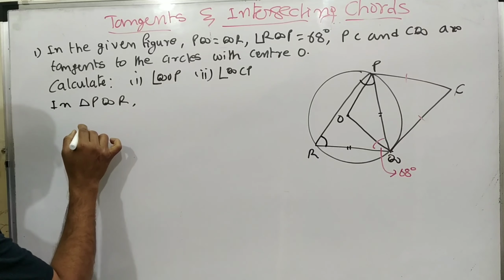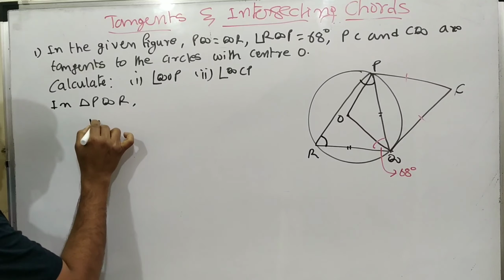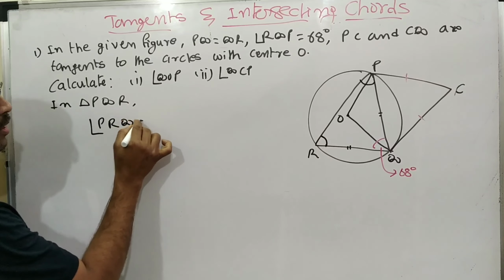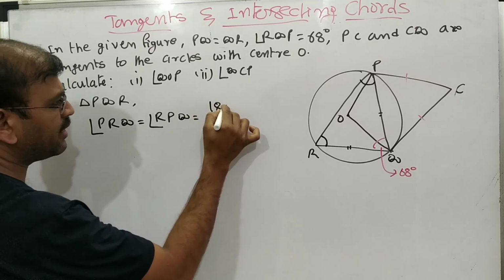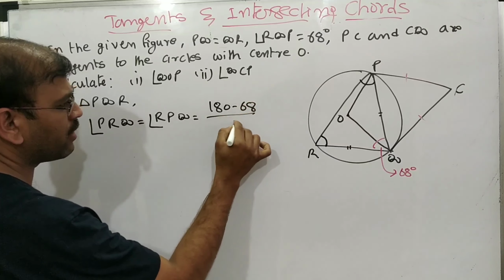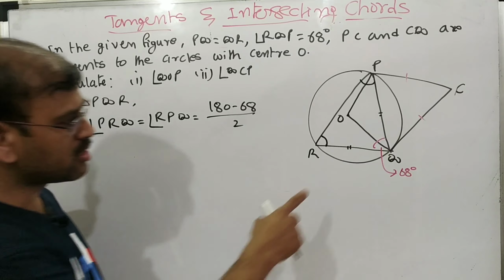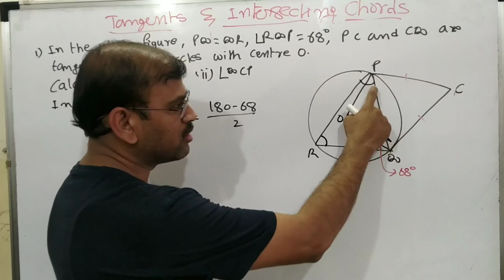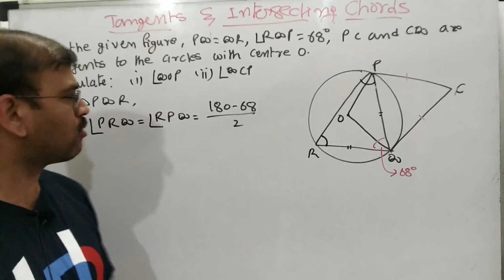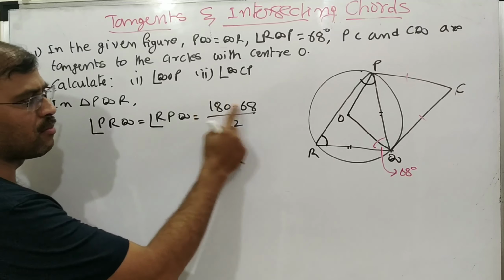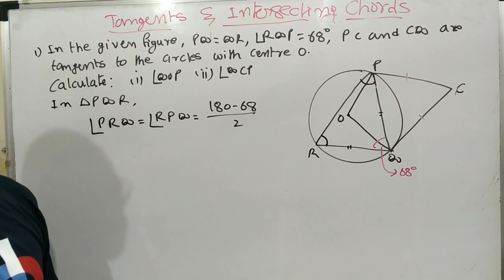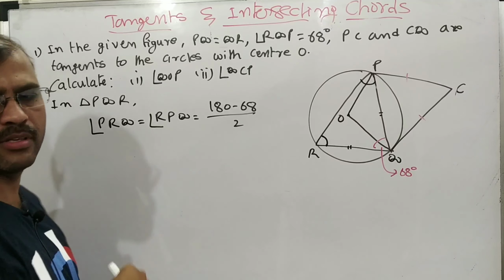For finding this, I am going to write angle PRQ equal to angle RPQ equal to 180 minus 68 divided by 2. So this is the vertical angle, and these two are the base angles. Base angles are equal, so that is why I am writing PRQ, RPQ equal to 180 minus 68.